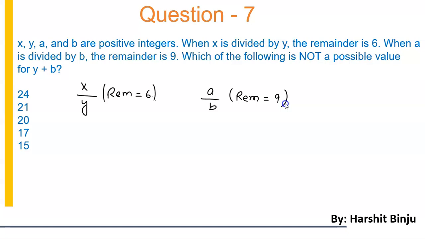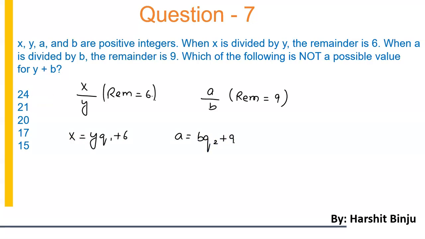Okay. So if x is divided by y, remainder is 6, which means I can write x will be equal to y times the quotient plus 6. And when a is divided by b, remainder is 9. That means I can say a will be equal to b times the quotient plus 9.